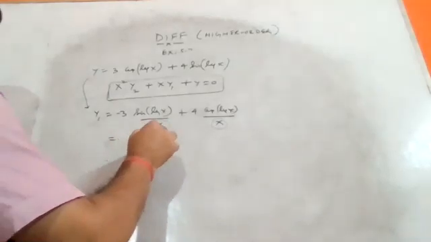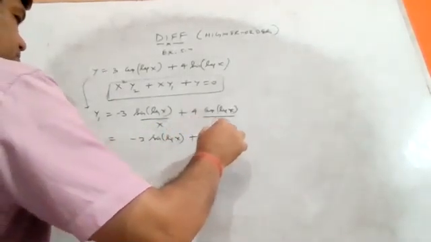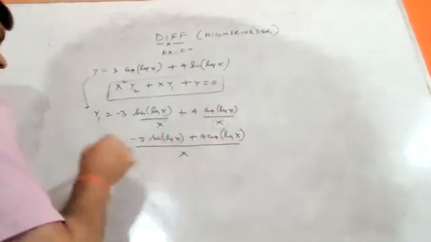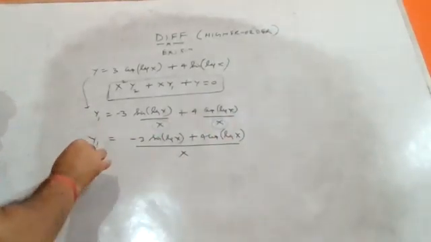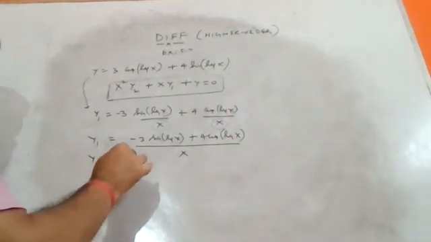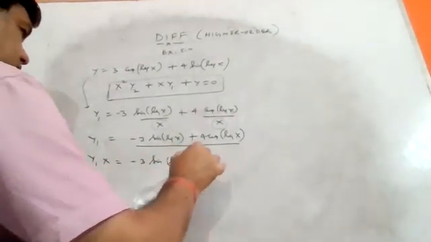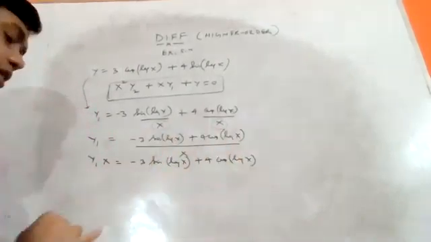So minus 3 sine log x plus 4 cos log x divided by x is equal to y1. This step is clear. Now cross multiplying, y1 into x is equal to minus 3 sine log x plus 4 cos log x, right?